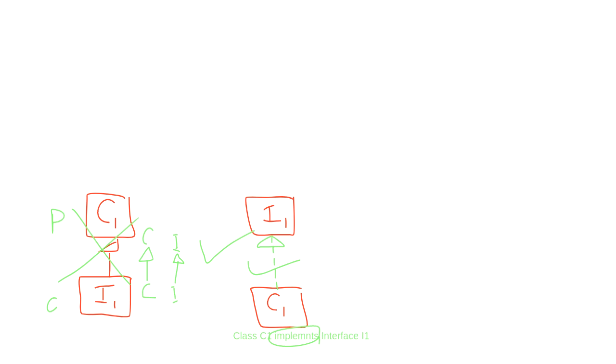And this is a class, and this is the symbol for package. This is the symbol for class, and this is the symbol for package. And for interface it is also the same, but inside you will write the word interface. Interface, this is class, this is package.